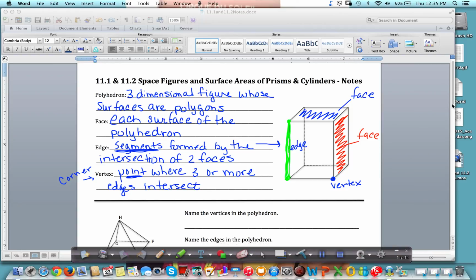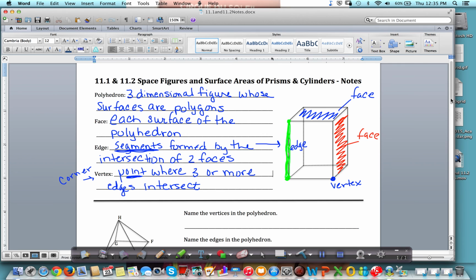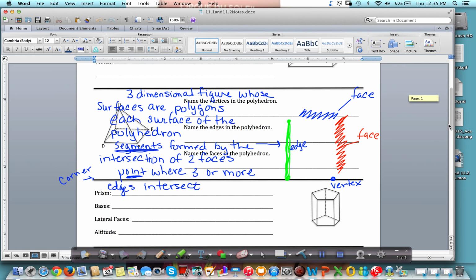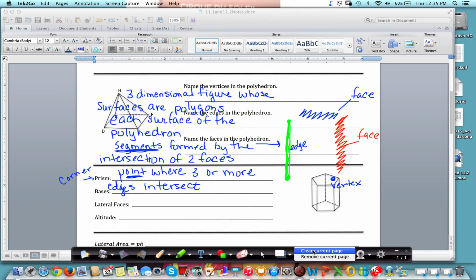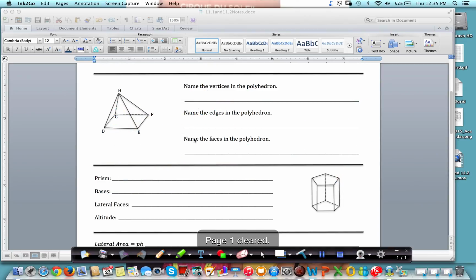All right, let's move on. So I'm going to scroll the page, I think. I'm going to clear that for you. And let's talk about this example. So it says, name the vertices of the polyhedron. So the thing, of course, that I would like you to try to remember is that the vertices are the points or the corners, right?